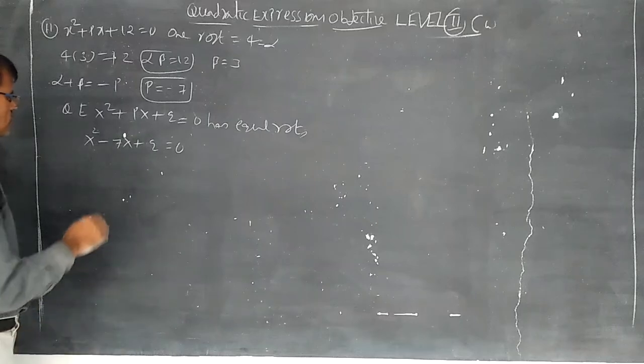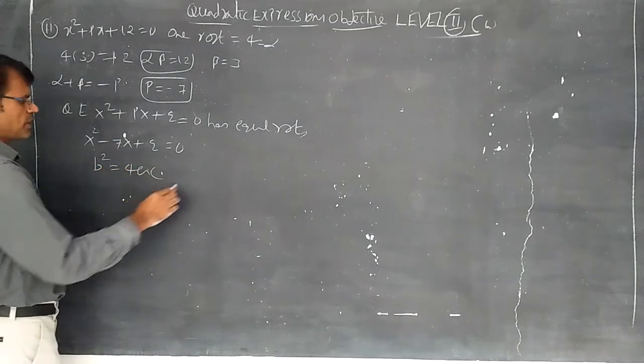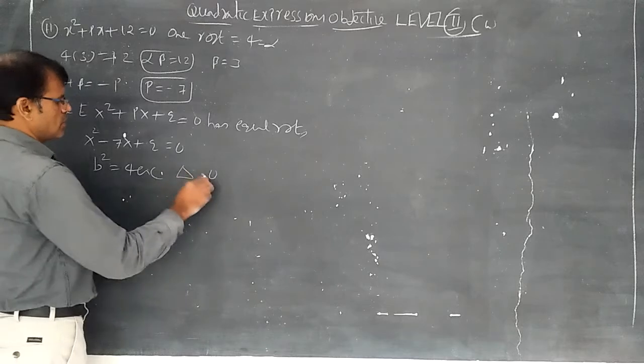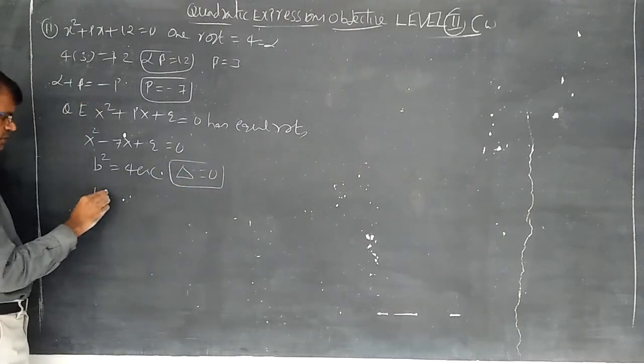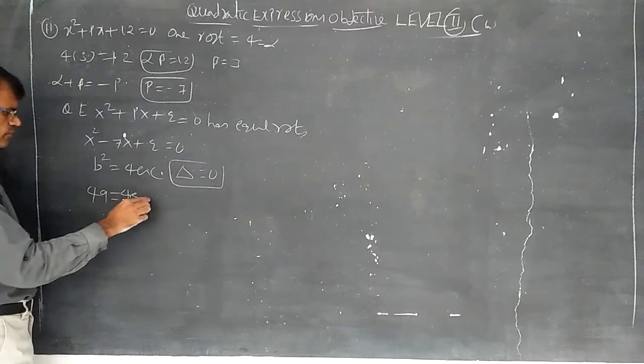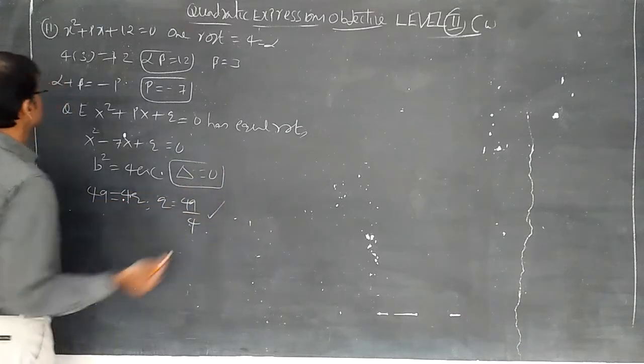He is asking about q. So b square is equal to 4ac you apply. This is the condition delta equal to 0, equal roots. That's all. B square means 49 is equal to 4q. So q is equal to 49 by 4.